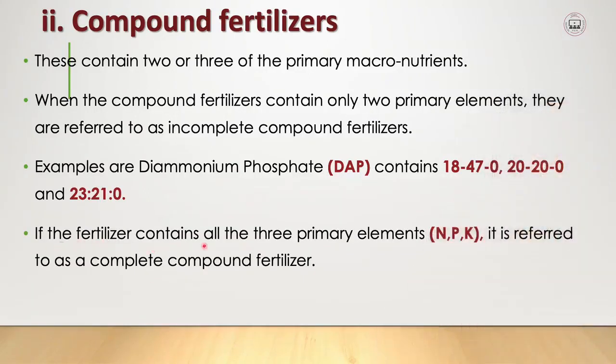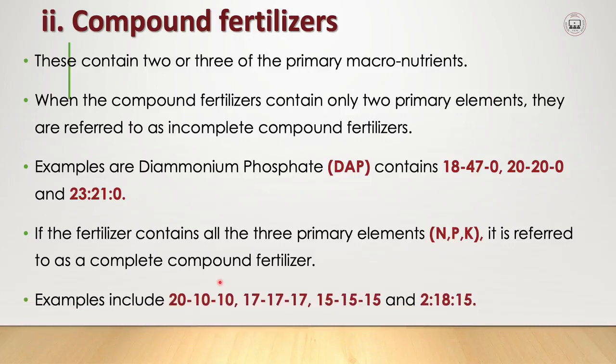If the fertilizer contains all the 3 primary elements NPK, it is referred to as complete compound fertilizers. So we have examples like 20-10-10, 17-17-17, 15-15-15, 2-18-15.